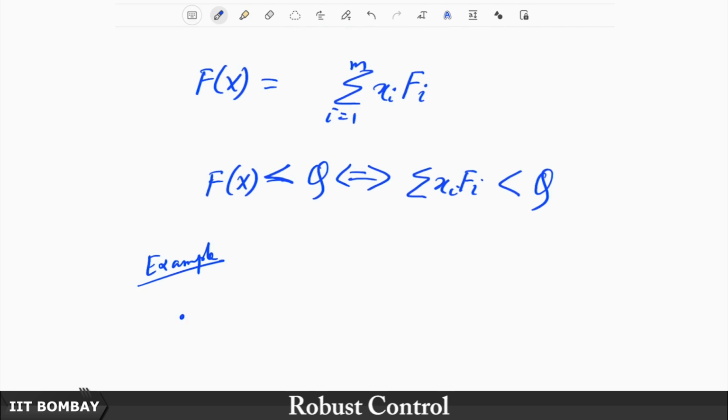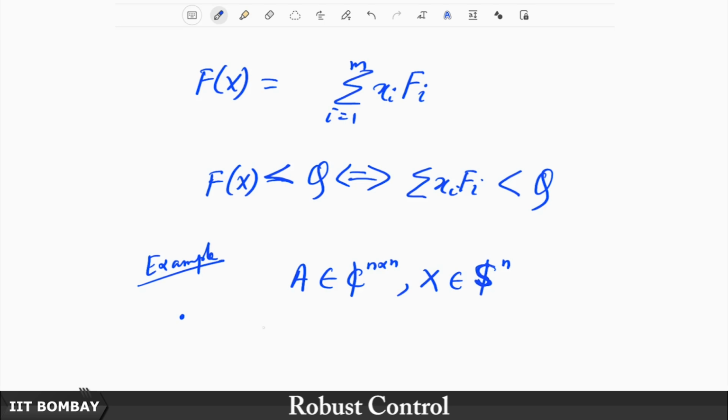For instance, we have A belonging to C n cross n, say X belongs to the space of symmetric matrices. So, really symmetric, Hermitian, I mean when I am saying it is real, there is no difference between a symmetric and a Hermitian matrix, alright.